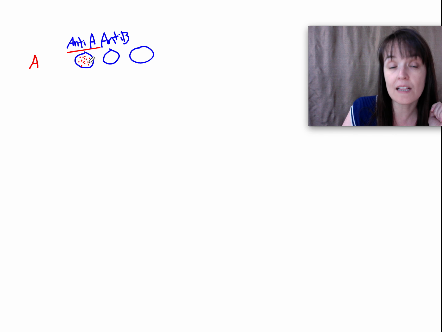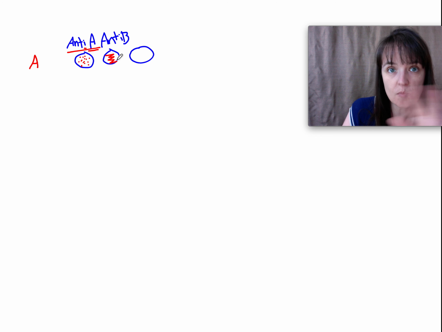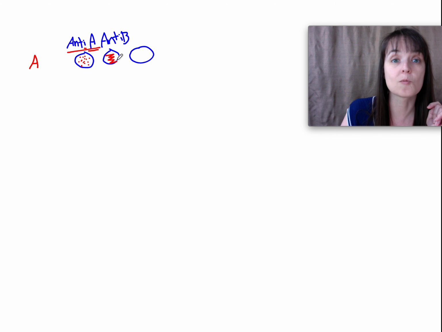So if you see the clumping or agglutination, the anti-A found something to attack, and the only thing it attacks is right there in the name, anti, I for against, anti-A. So say this one has clumping, agglutination in the anti-A serum. We know it's got an A surface antigen, so it's type A, but no reaction, just smooth blood in the anti-B serum. Then we know there's no B surface antigen because there was no reaction, no agglutination, no clumping.